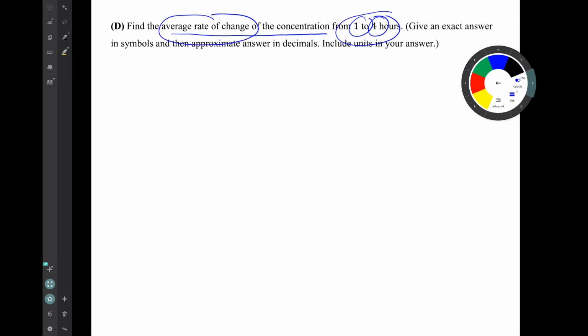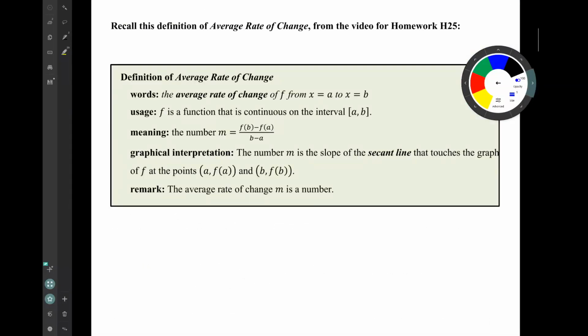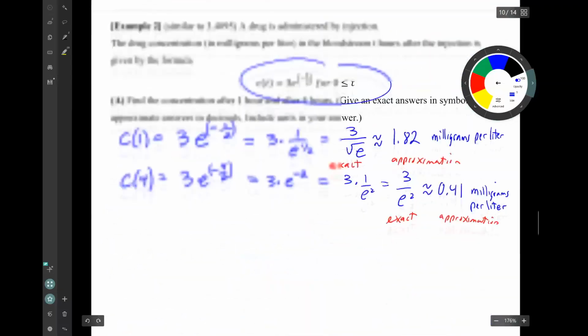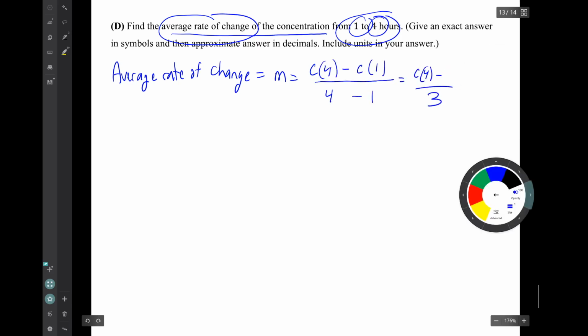Well, remember the definition of average rate of change from the beginning of this video. The average rate of change of a function from one value of x to another is given by this calculation. So we need to do this with our concentration function. So there's our expression for average rate of change.